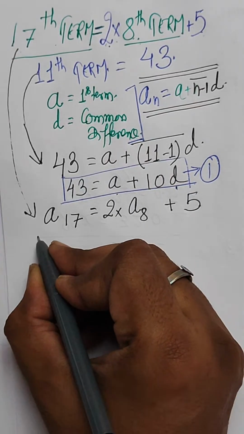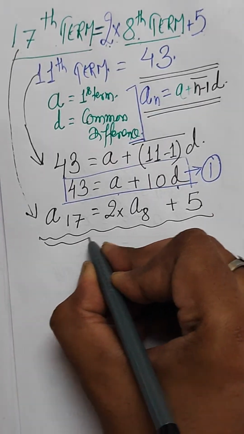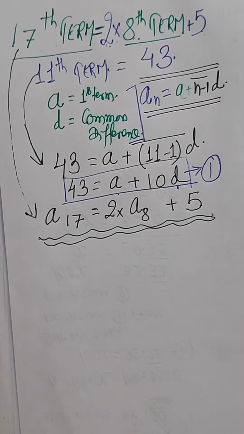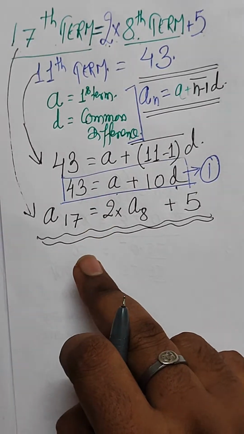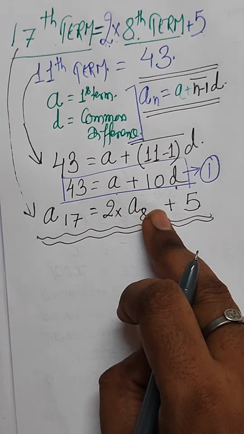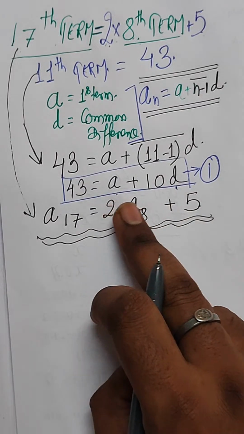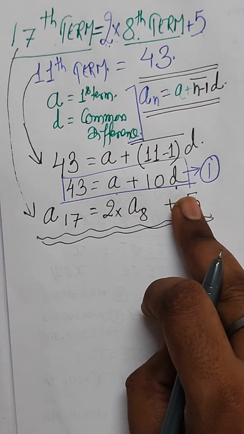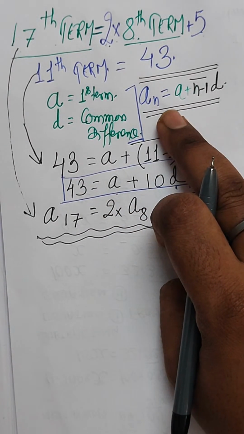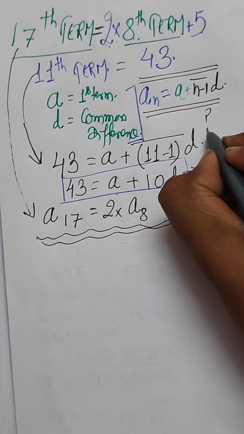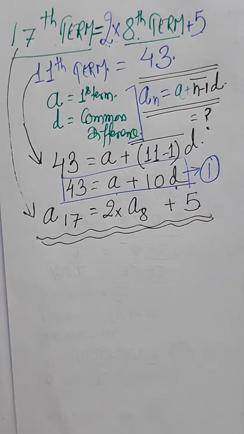This is the relation. From here we will derive another equation, then solve, and whatever values of A and D we get, we will find the nth term, which is our question.